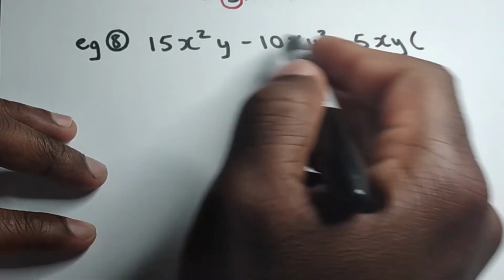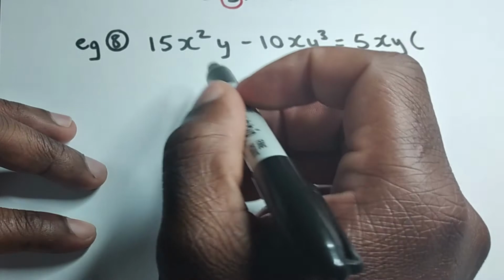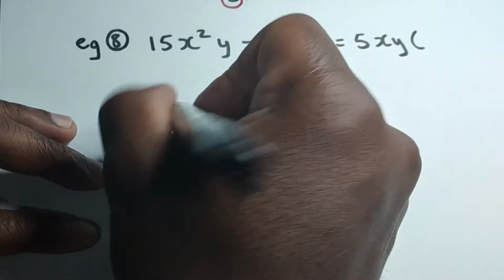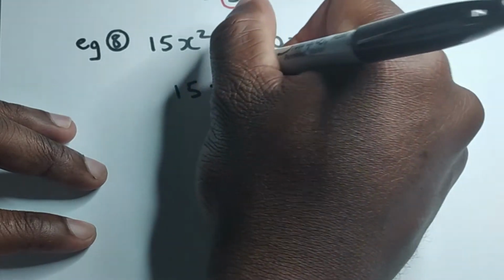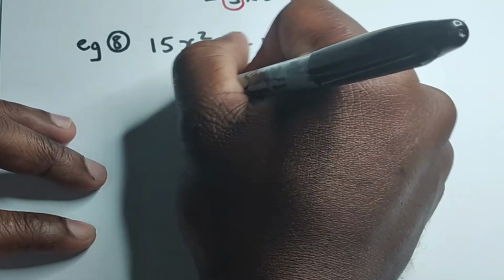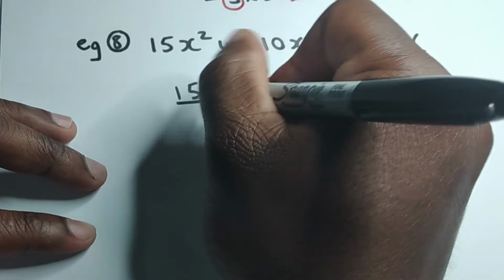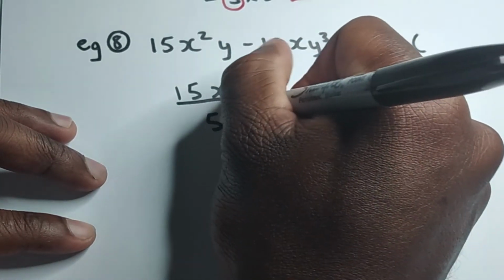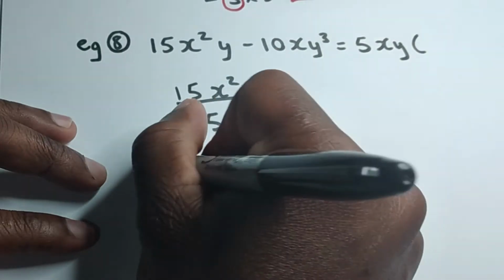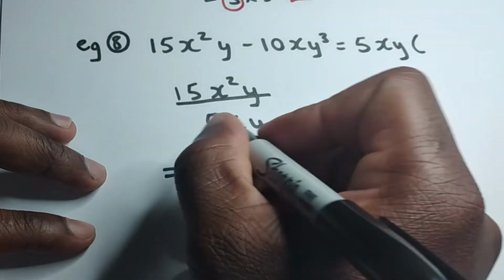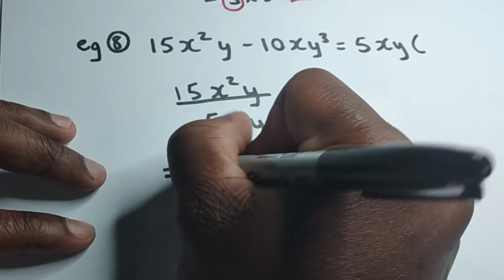So we're going to divide each term by the highest common factor that we just obtained, which is 5xy, alright? And hopefully you would have been exposed to this, so we can expand this some more.